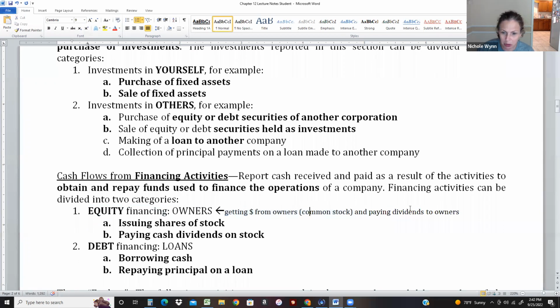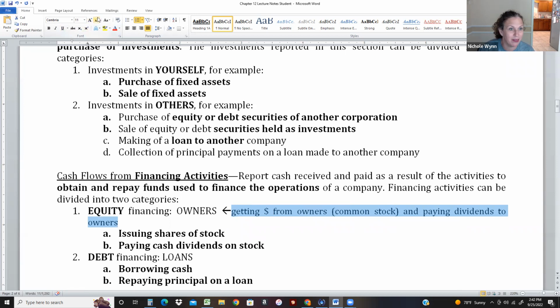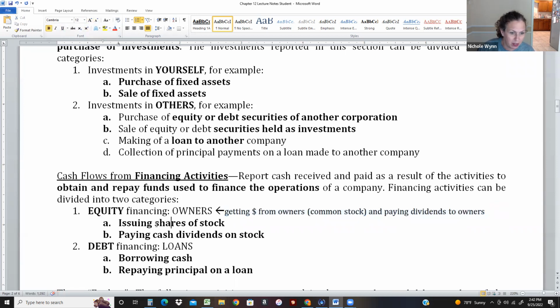So getting money from owners, which is common stock, and paying dividends to owners. I'm referring to actually paying out a dividend. So this is issuing shares of stock as common stock, and then paying dividends on that stock, and then borrowing and repaying loans.